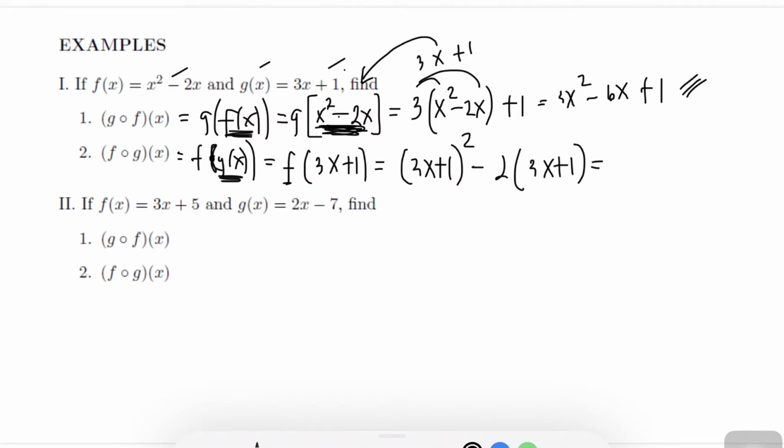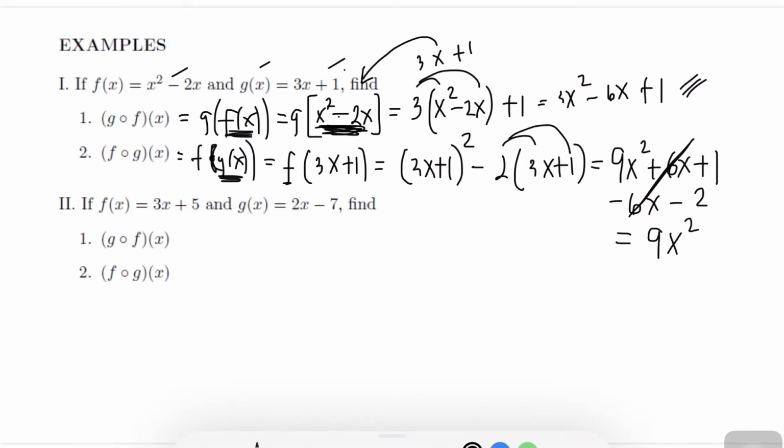If you use the square of a sum, directly 9x squared plus 6x plus 1. Then distribute this, minus 6x minus 2. So it will cancel out. 6x minus 6x is 0. So we have 9x squared. Negative 2 plus 1 will be negative 1. So that will be our final answer.